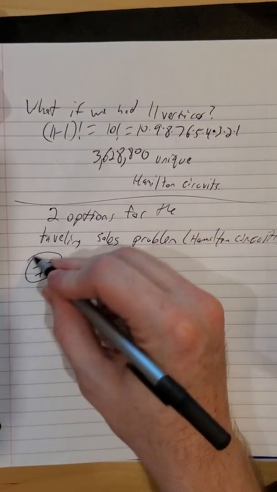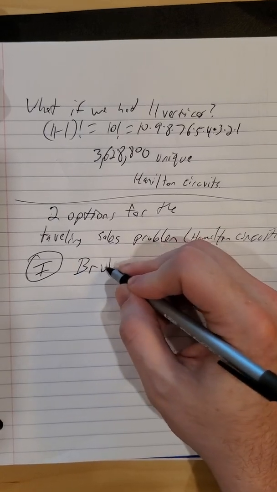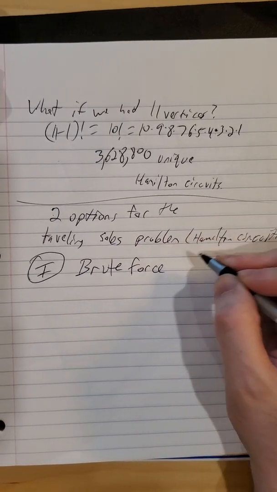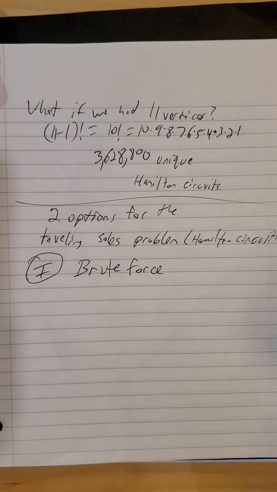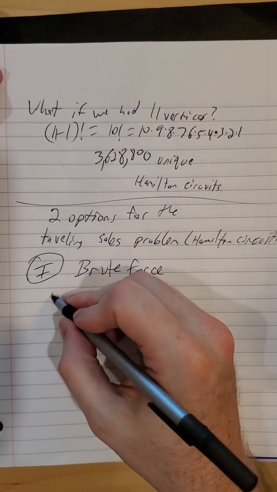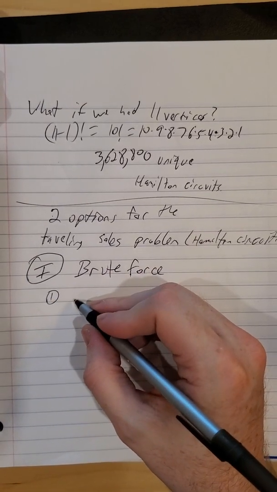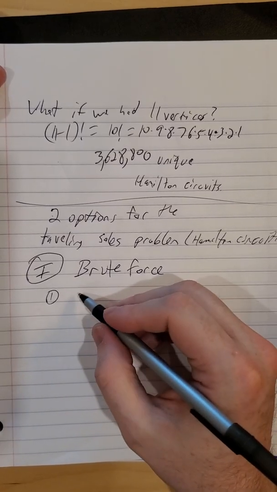Option 1 is what we refer to as brute force. In this method, our algorithm, remember, an algorithm is just a set of directions.